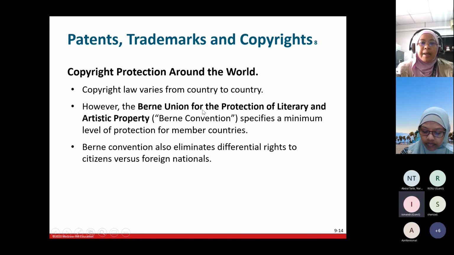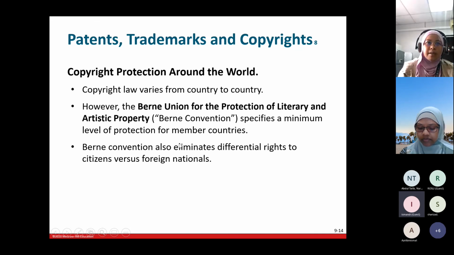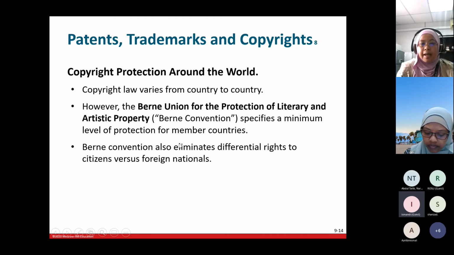However, the Berne Union for the Protection of Literary and Artistic Property specifies a minimum level of protection for member countries. So even though you can say that they still have some protection in the countries that signed this protection document, it just serves the minimum level of protection for the member countries.